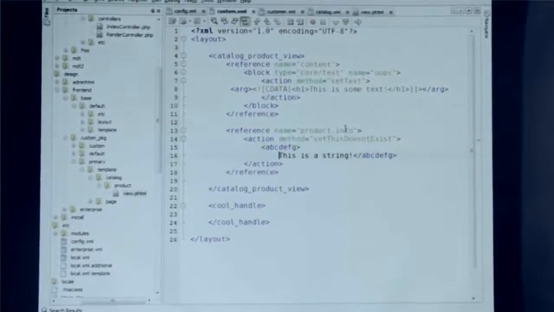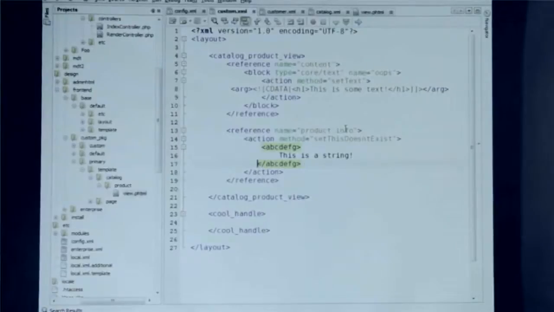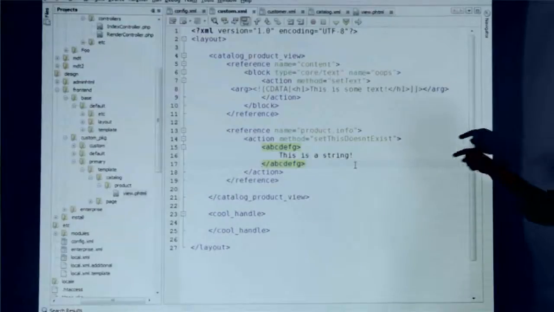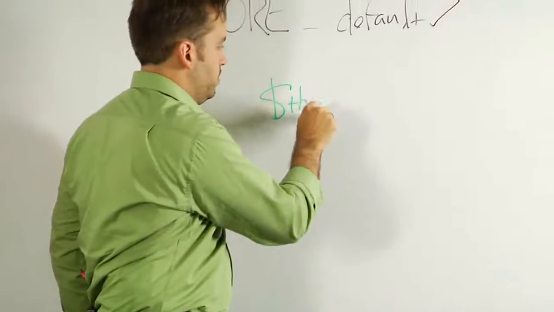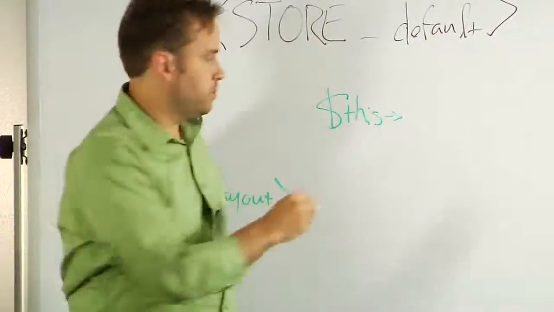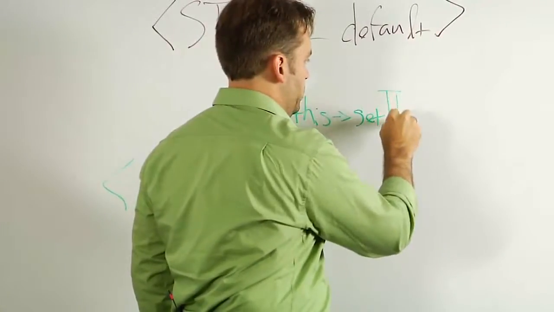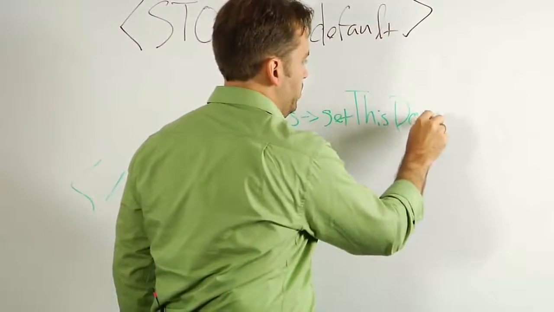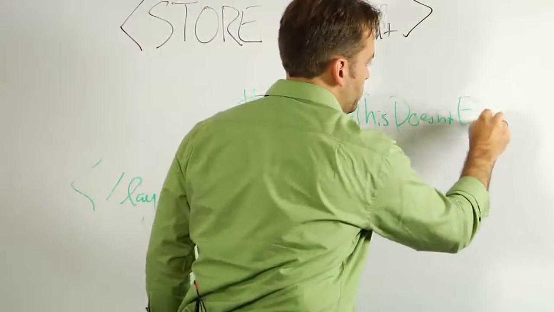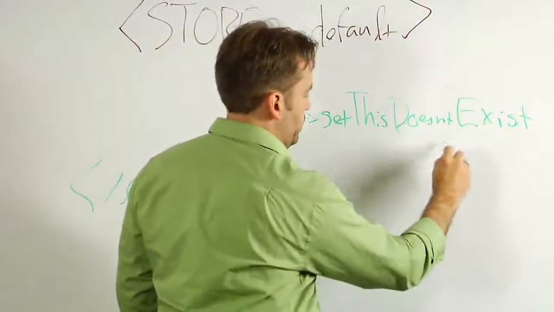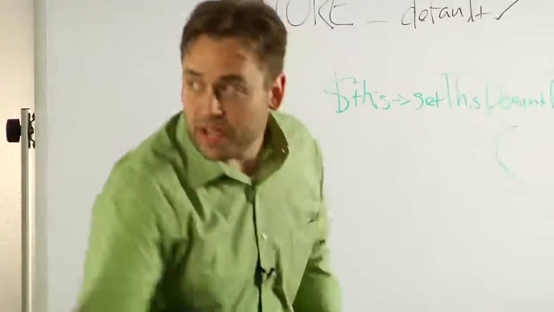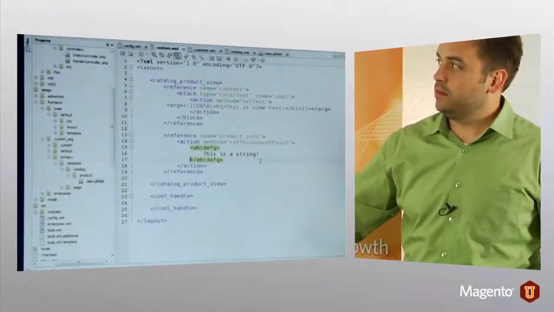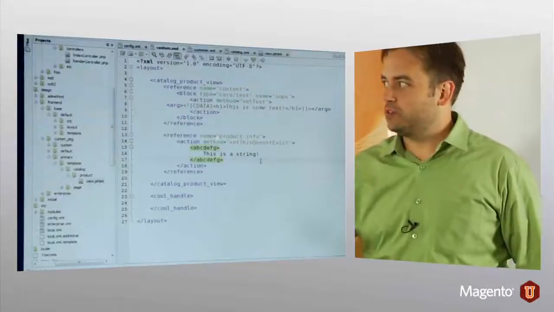The only time it's not arbitrary is when, well, this level is always arbitrary, and this right here is equivalent to me calling, relative to that class, this set this doesn't exist. And then what gets passed in is this. Now here, this would have this white space around it, literally.